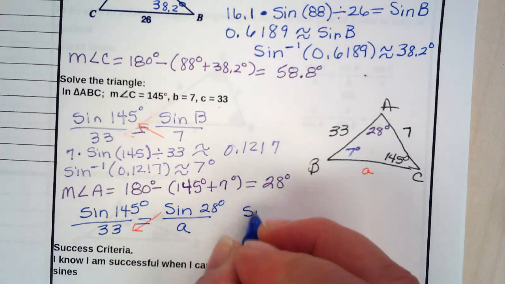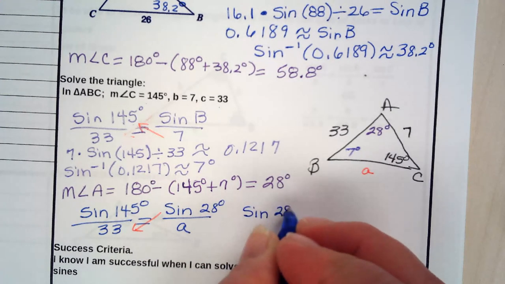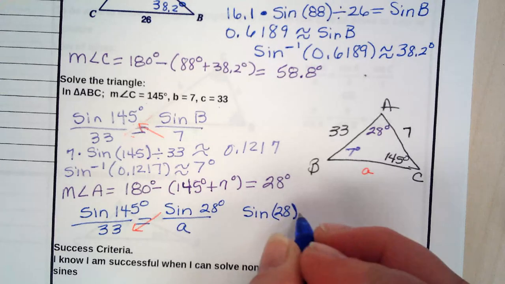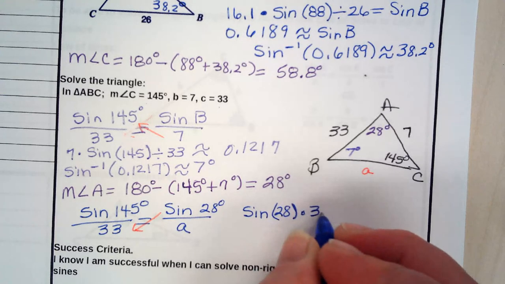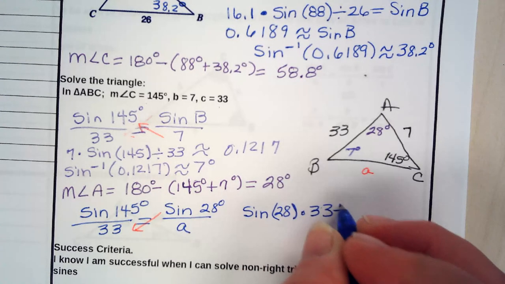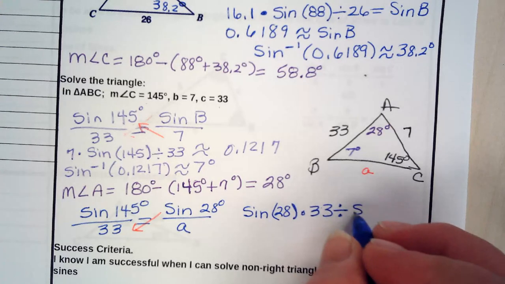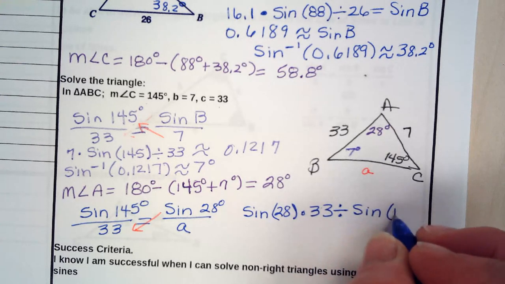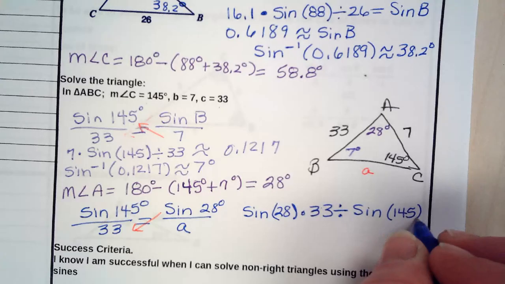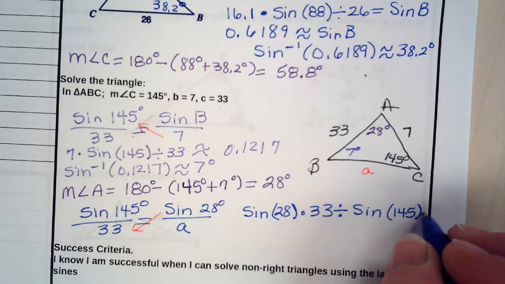So the sine of 28, close it off, times 33, divided by the sine of 145, and again you'll close it off.